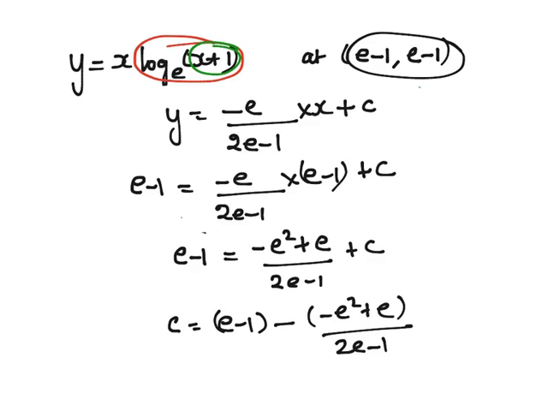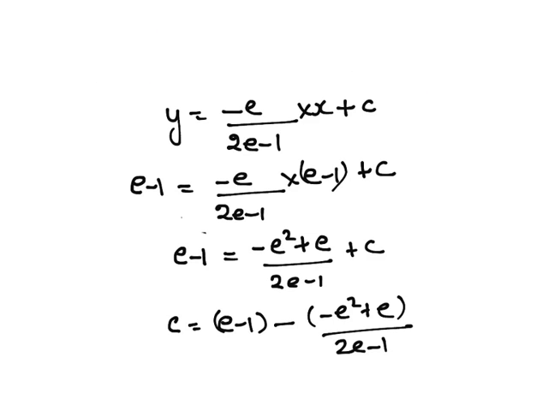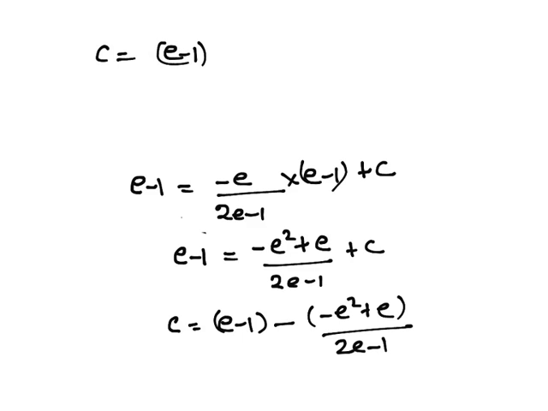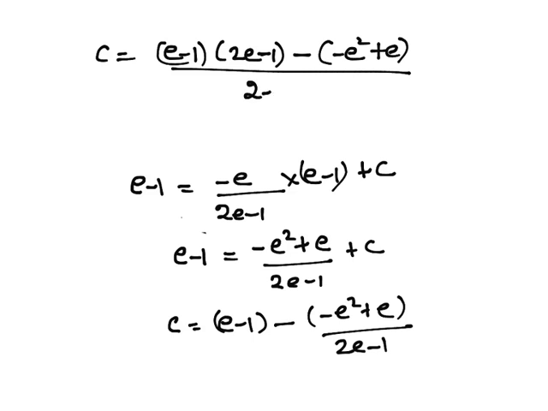Okay, so I have to take LCM here. So basically I will get c equal to e minus 1 multiplied with 2e minus 1, minus of minus e squared plus e, divided by 2e minus 1.